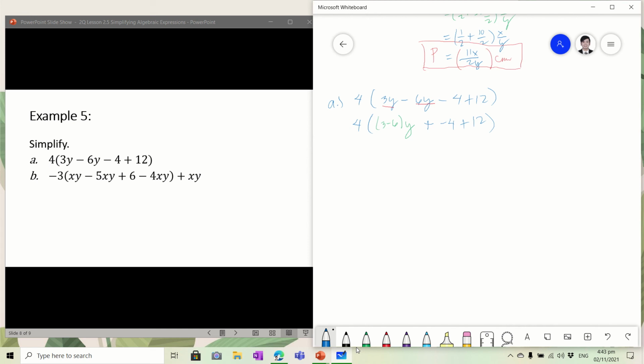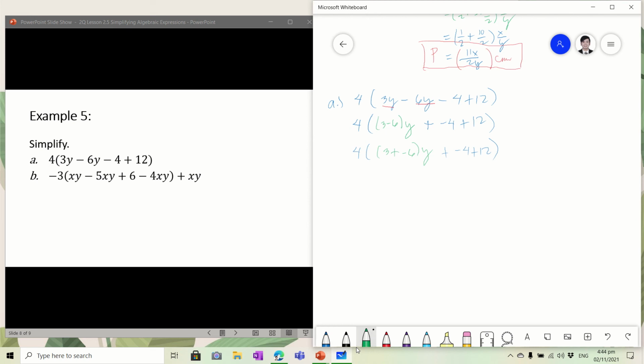So what will happen now to your 3 minus 6? You have to make it a plus. Then get the opposite of positive 6 to negative 6. So they have different signs. This is positive, this is negative.